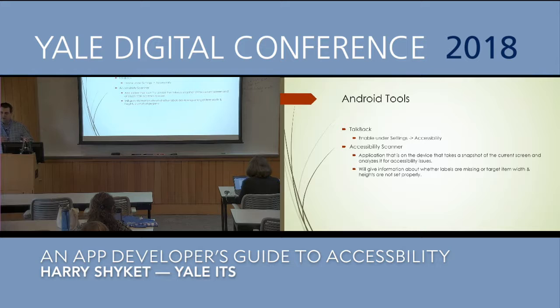The height of this button is small. Actually, the first time I used it, I got a phone call in the middle of it, and it took a snapshot as the phone call was coming in and told me that the phone call screen was not accessible and had many issues on it, the default Android phone call screen. And I went through a bunch of the other tools. I'm like, the accessibility scanner is telling me the native apps on the phone are not accessible, or have issues, I should say.